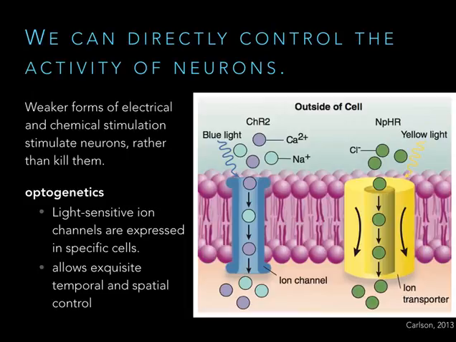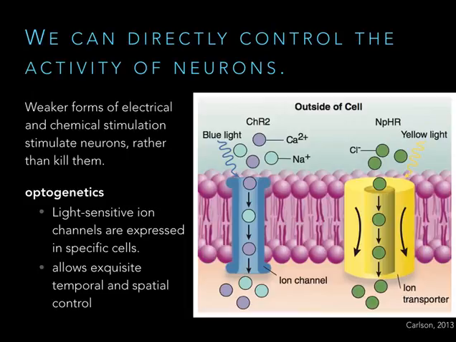A more recent advance would be optogenetics. This involves expressing a light-sensitive ion channel in whatever cell you want to study. If you want to put it into a dopamine neuron, that's very simple to do. You just drive channelrhodopsin, ChR2 is the abbreviation, expression under the tyrosine hydroxylase promoter, for example.